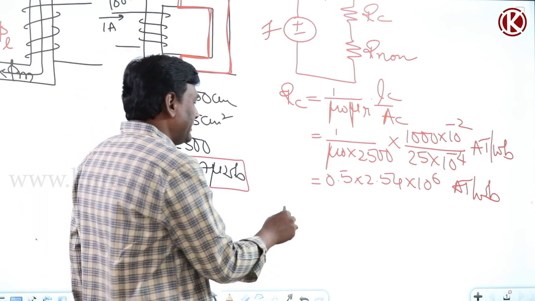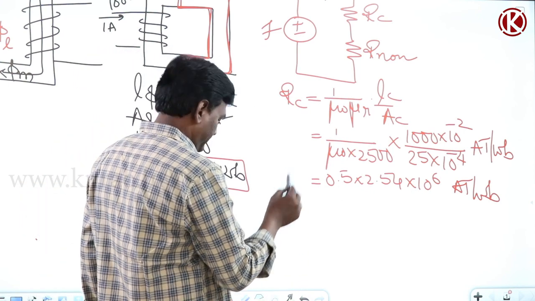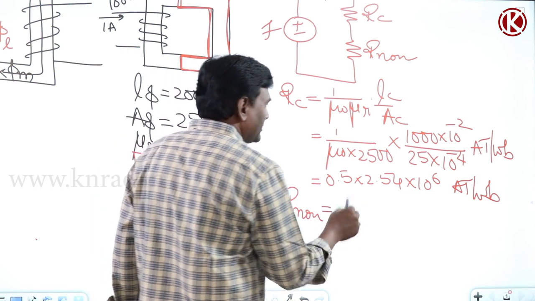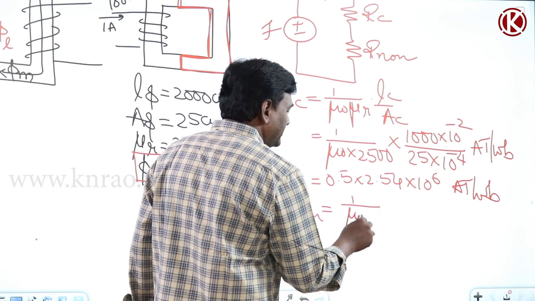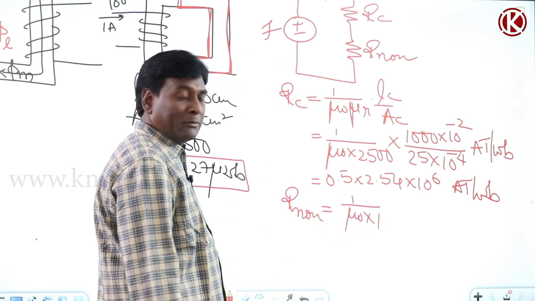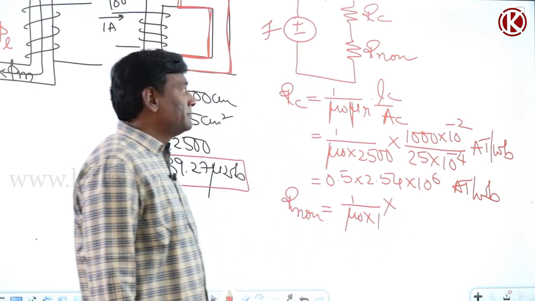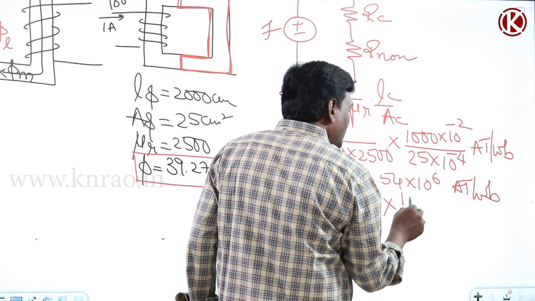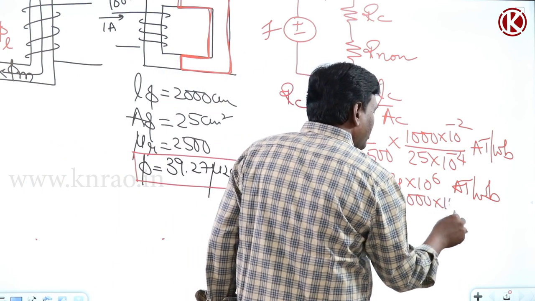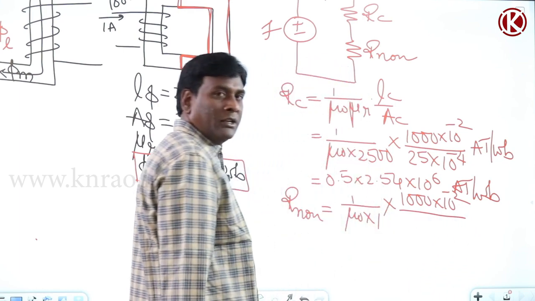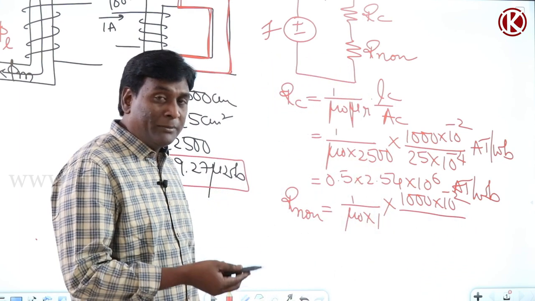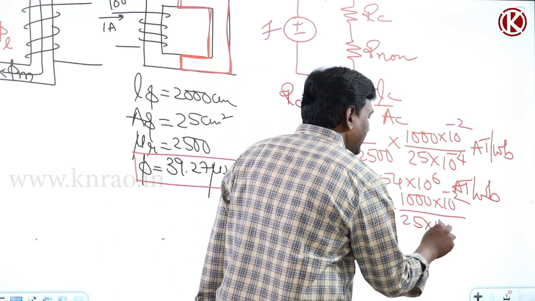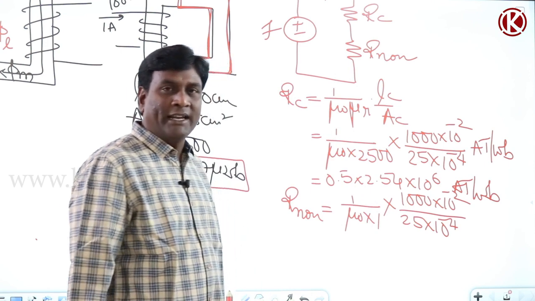Now let us calculate the reluctance of the non-magnetic material. The reluctance of the non-magnetic material is going to be 1 by mu naught, which is the same, with relative permeability 1 since it is non-magnetic. Now the length of the flux path: 50% of the flux path is in magnetic, 50% is in non-magnetic. So this is going to be 1000 only into 10 to the power of minus 2, divided by the area of cross section of the non-magnetic material, which after neglecting fringing is 25 into 10 to the power of minus 4 only, because we neglected fringing.